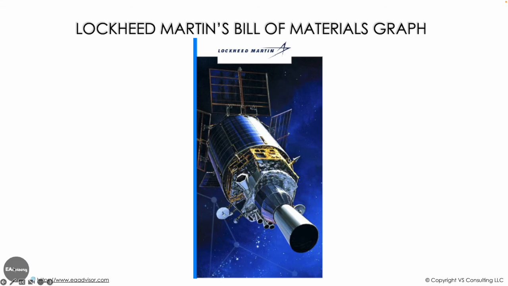They had invested a lot of money in traditional databases to try to manage the end-to-end supply chain of that bill of material for the satellites, and spent lots of money. When they started drawing out what they needed, it became very clear it was more of a relationship network of components, parts, vendors that was important to them in optimizing their manufacturing supply chain of these satellites. So they turned to graph technology to make that happen.